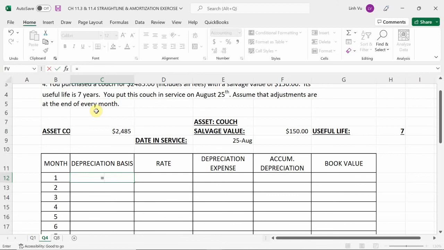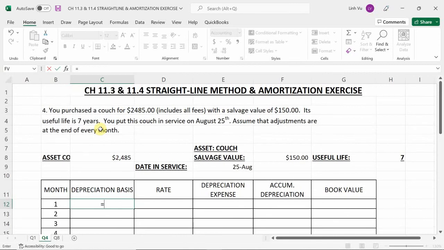No. Why is that? It says it includes all fees when you purchase it.